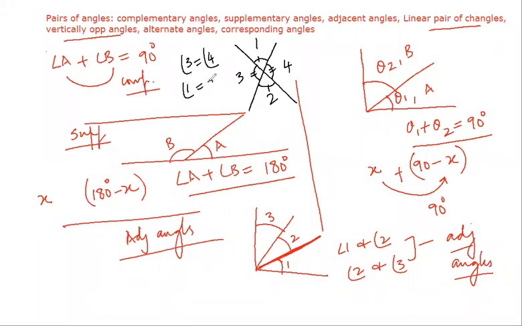Angle 1 is equal to angle 2, and angle 3 is equal to angle 4. Angles 1 and 2, and angles 3 and 4 are known as vertically opposite angles. Am I right, students? All right.